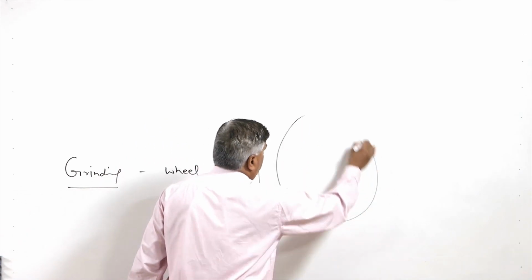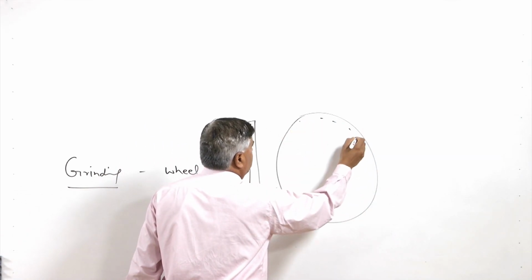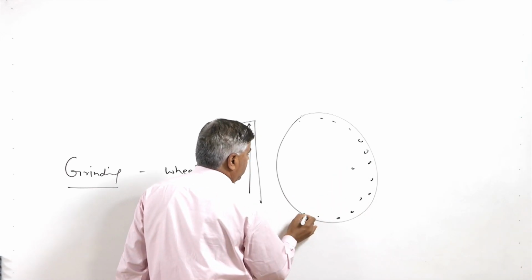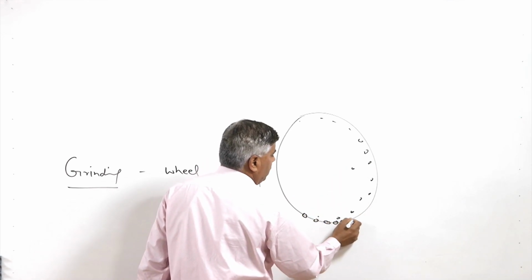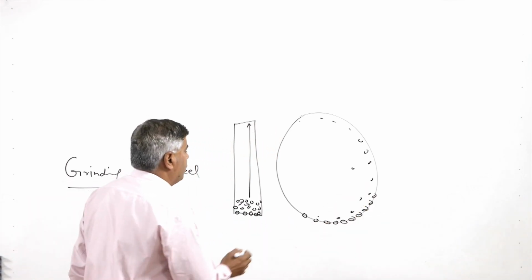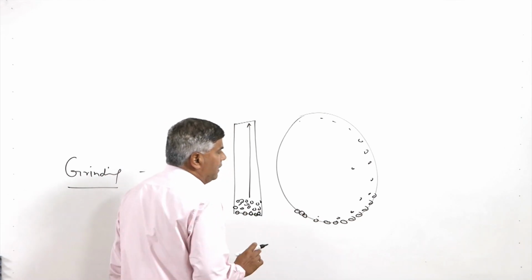The wheel comprises these abrasives within its body, and some of them will be projecting on the surface of the periphery of the wheel.